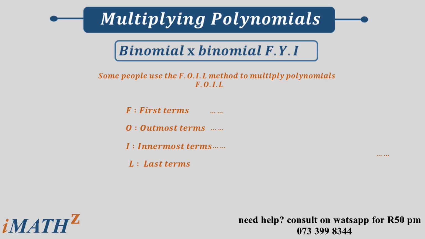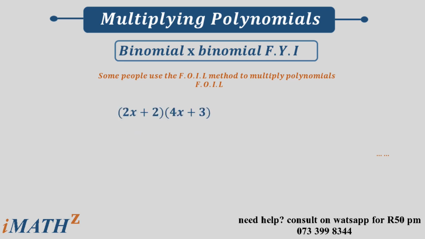We have 2x plus 2 times 4x plus 3. The first terms would be 2x in the first bracket and 4x in the second bracket. That takes care of the F in FOIL. If we multiply the first terms, we get 8x squared.